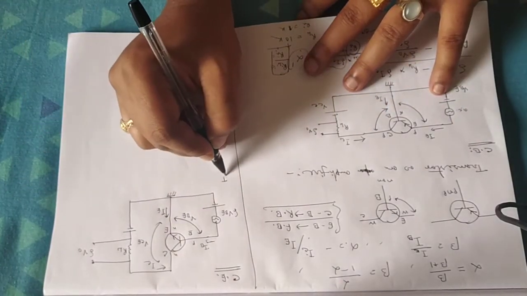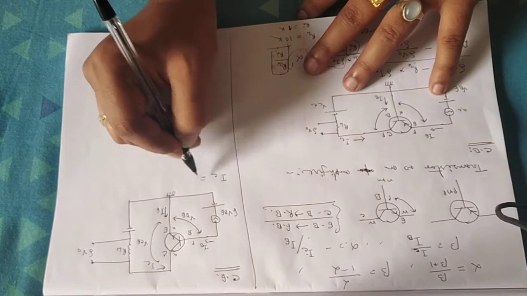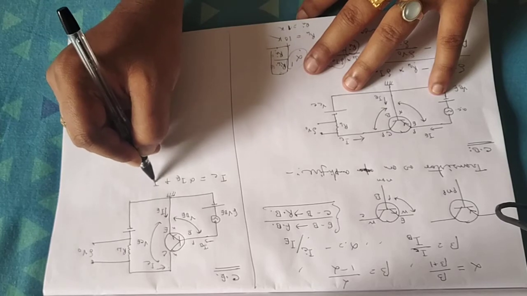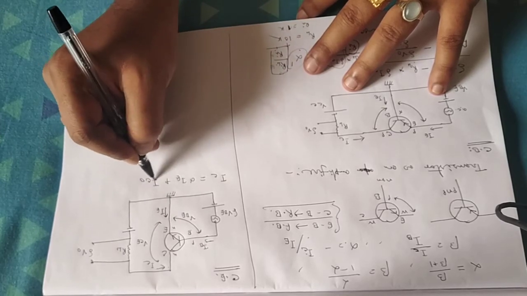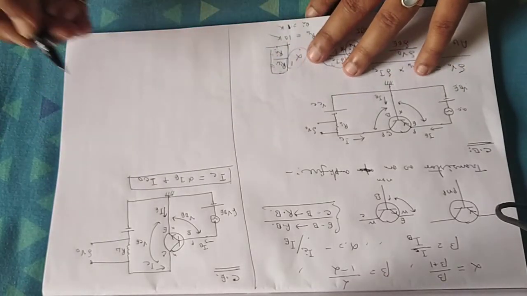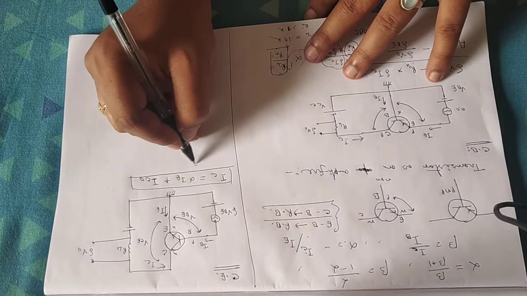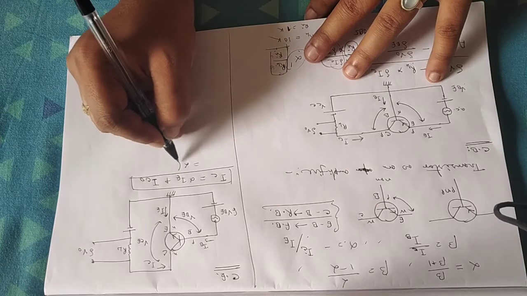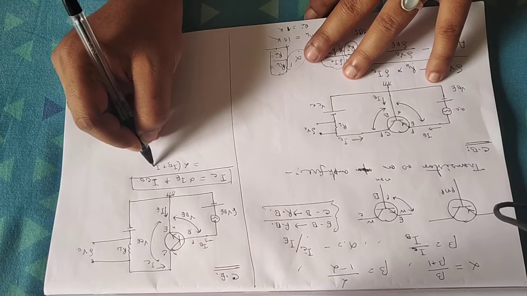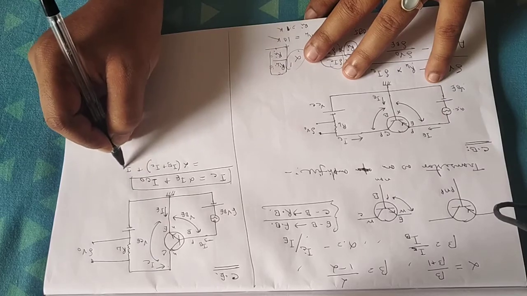So I can write the equation like that: IC equals alpha IE plus ICO. The equation we have learnt in the class, and instead of IE you can write IB plus IC plus ICO.